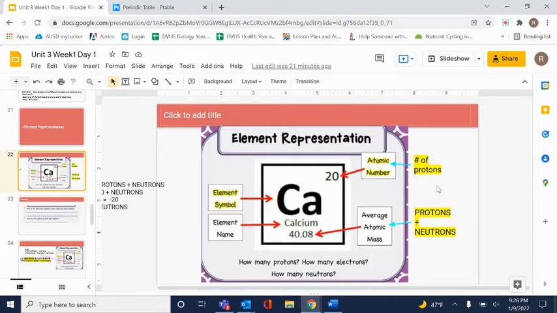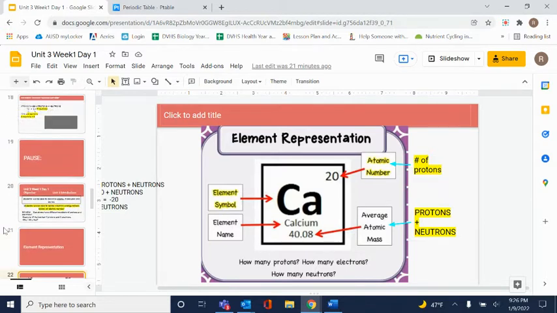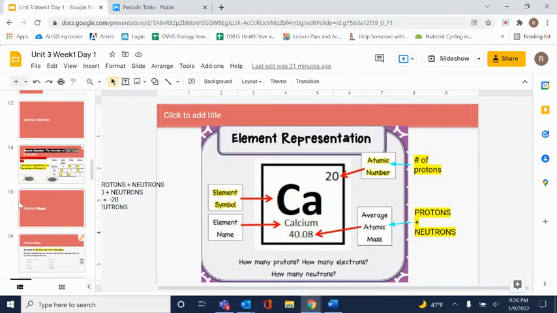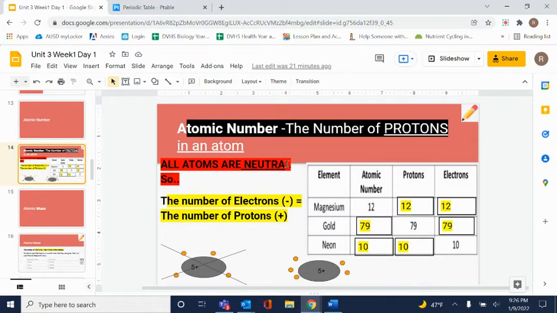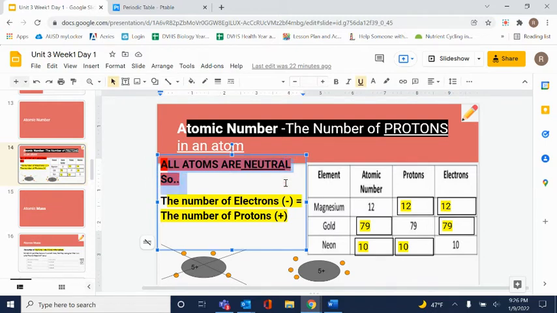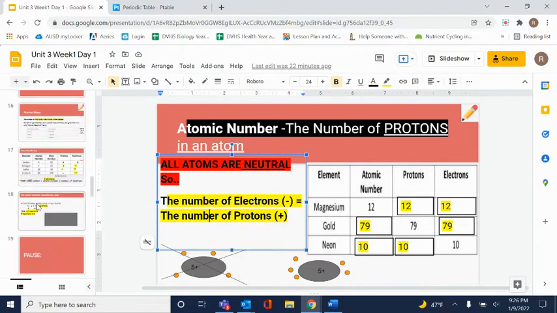Okay, now I know that the other rule that we learned last time is that all atoms need to be neutral so that they behave. If they're neutral, then there has to be the same number of negatively charged electrons as there are positively charged protons. That is a rule. There has to be the same number.